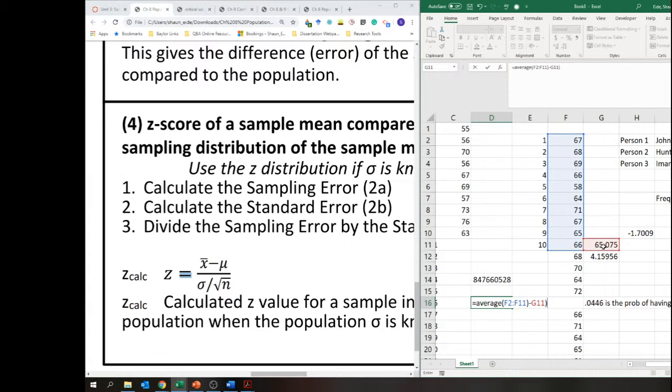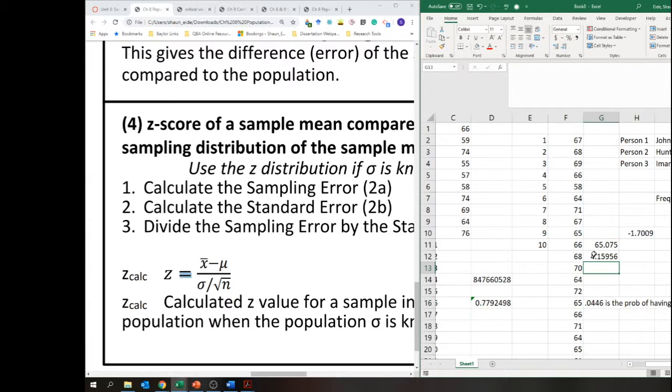And then I'm going to put those in parentheses. And then I'm going to divide it by the population standard deviation, and put these in parentheses as well. And then I'm going to divide this by the square root of the total number of observations in the sample. Square root of 10. So let's go ahead and press enter.